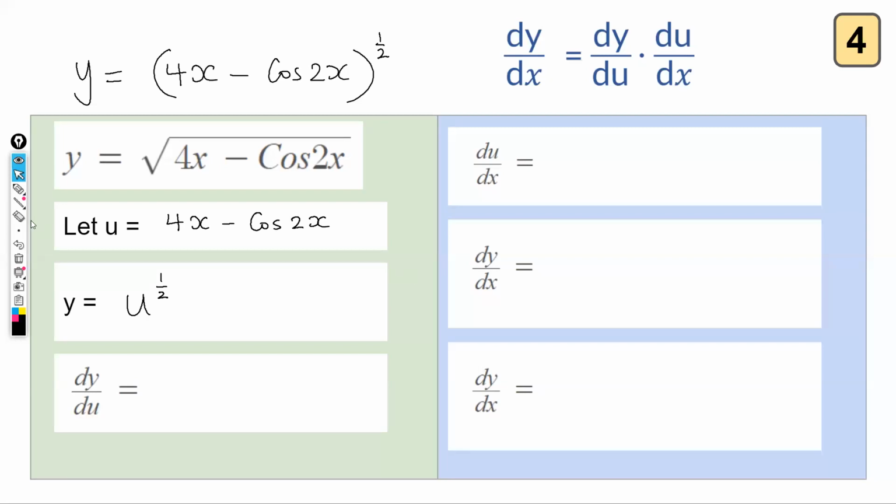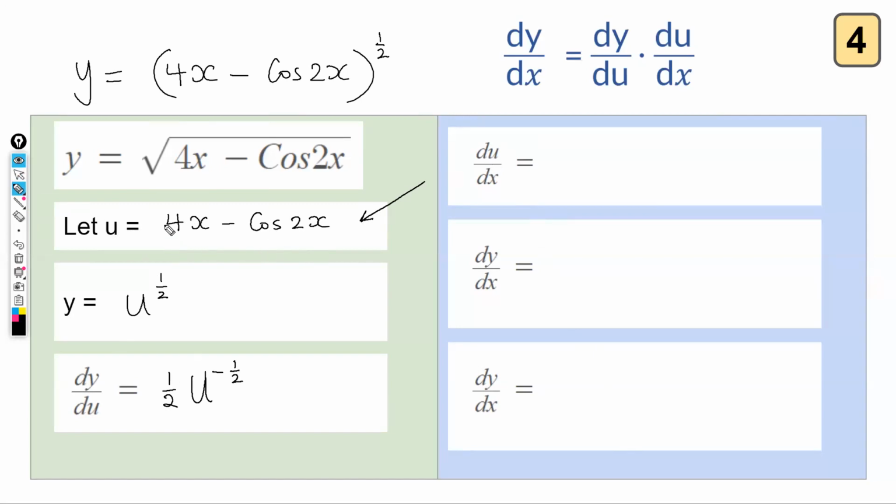All right, let's do a little piece here. So we have an expression with y and u. When you differentiate that, you will get dy du. The half goes in front, and you minus 1 from the half to get minus a half. To find du dx, we have to differentiate this expression.